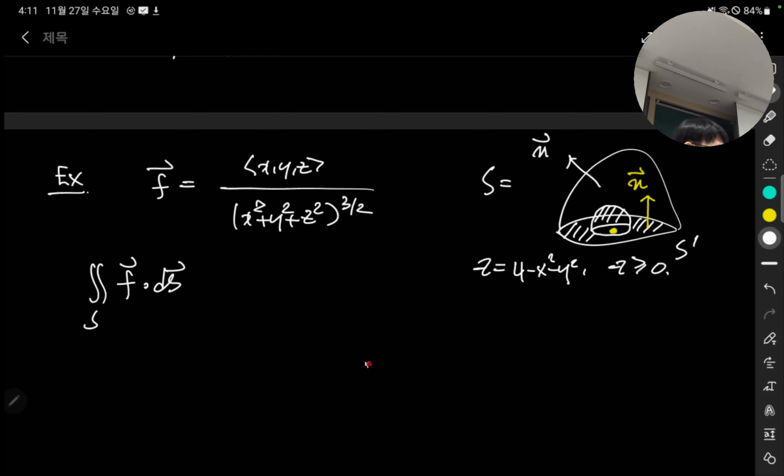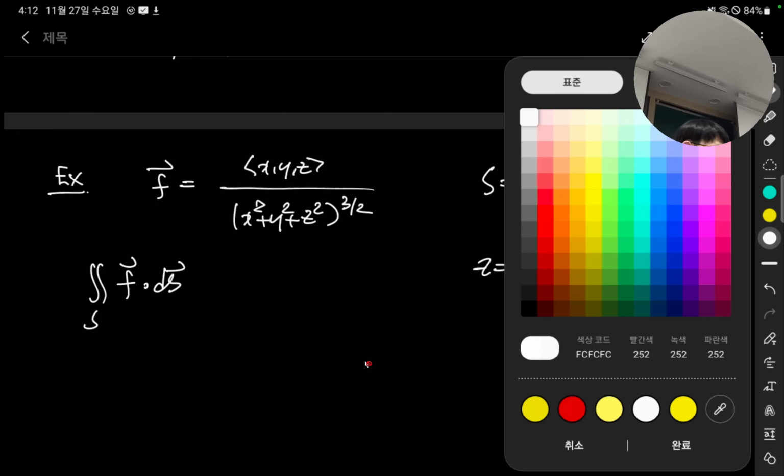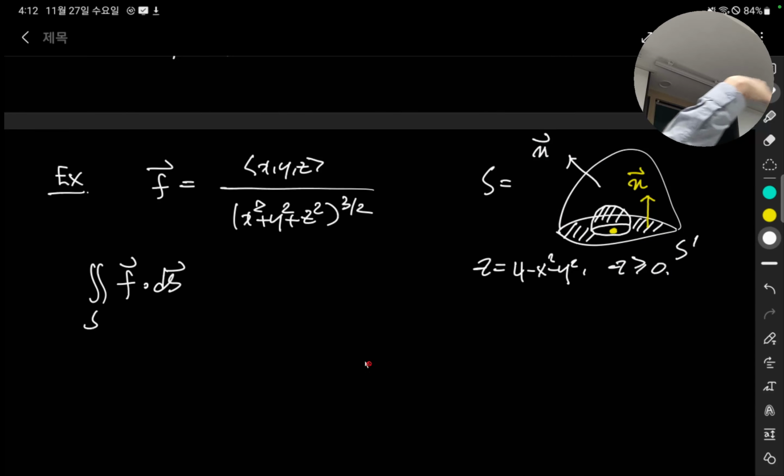Then if I want to use the divergence theorem, I need to take the outward orientation from the volume bounded by S and S prime. The volume is inside here, and the outward direction is n on S. But on the S prime surface, the outward direction from the volume V is actually the opposite direction of n prime.